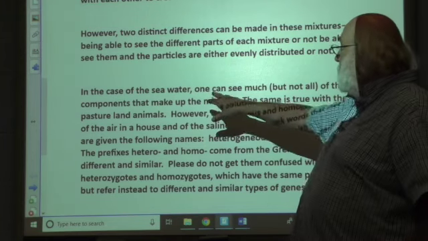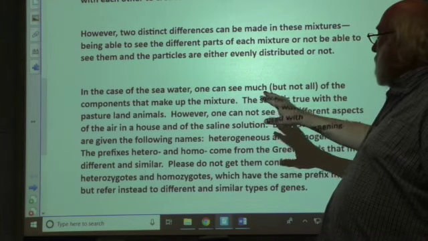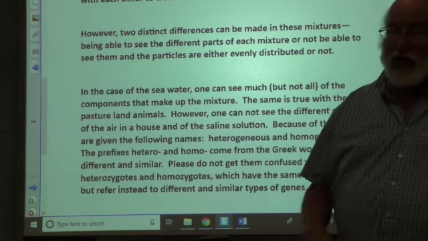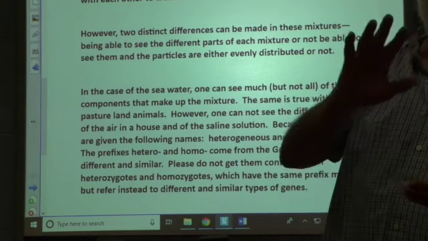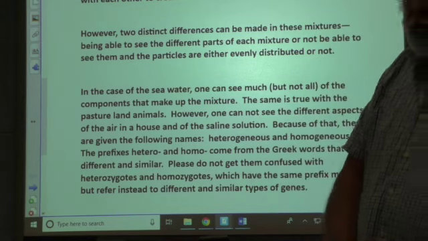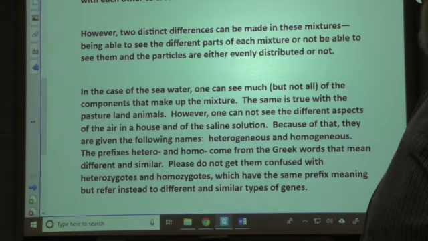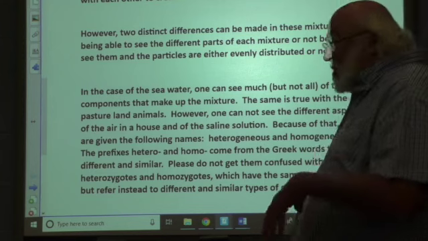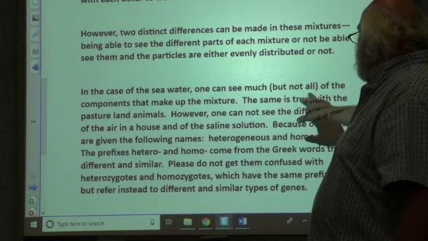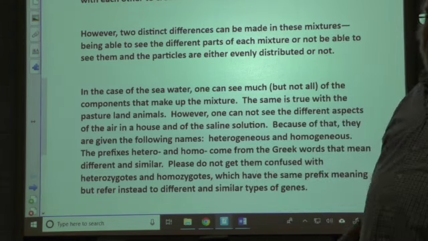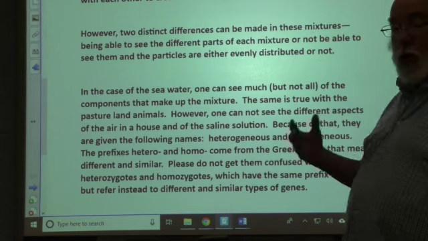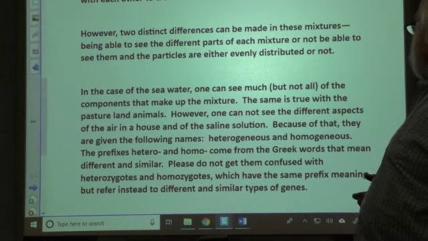In the case of seawater, one can see much, but not all, of the components that make up the mixture. Like I said, the animals, the rocks, the sea creatures, all that stuff you can see. But the salts we can't see. Same is true with the pasture land animals, the goats and the sheep that are mixed together.